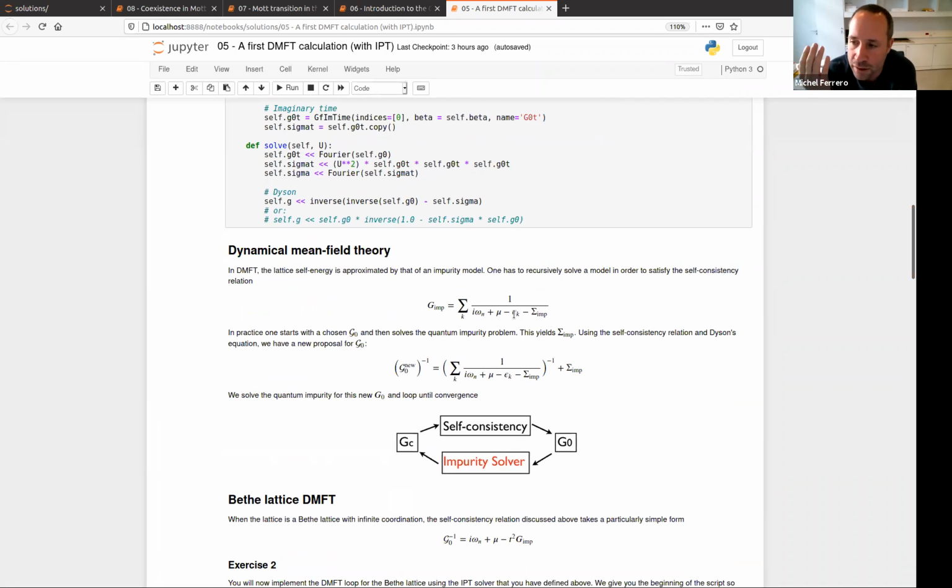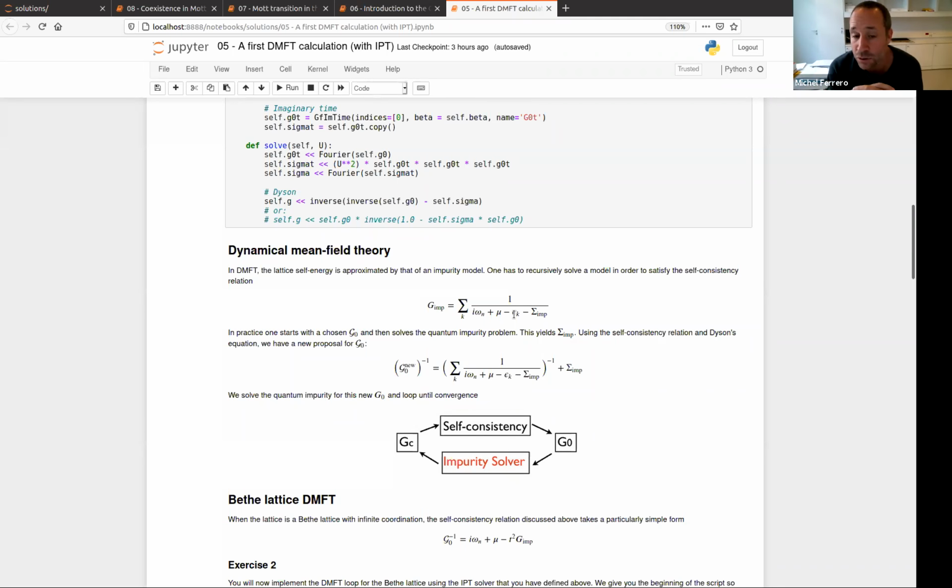And actually, even more than this, in almost all cases, materials have more than just one orbital, of course. And so if you want a realistic description, you want to also take care of other orbitals. And this is the subject of a connection between density functional theory tools that aim at giving you a description of how the different orbitals of the system behave, and DMFT, which introduces the physics of correlations.